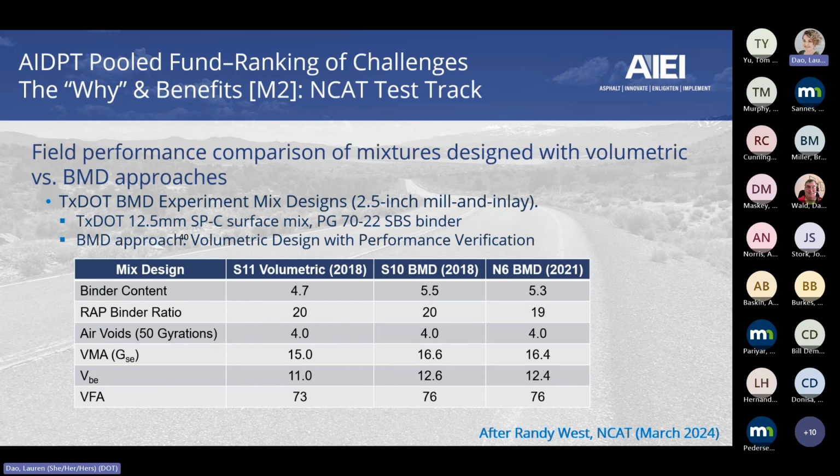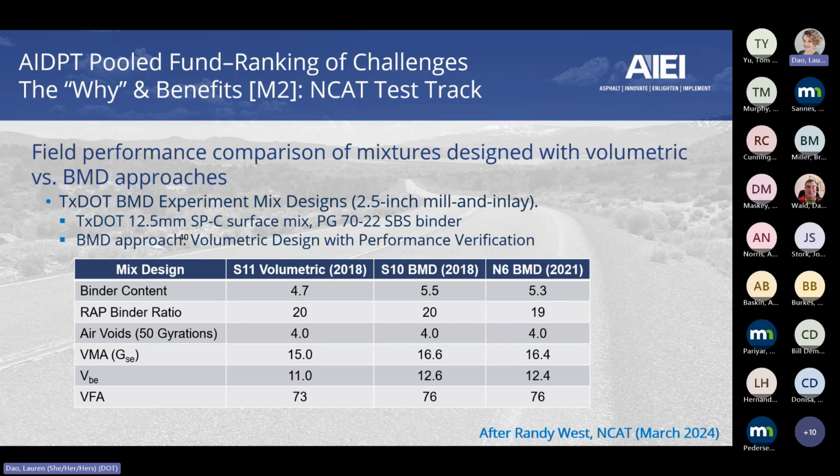And that was a 2.5-inch mill and inlay as part of one of the Texas experiments. If you look at your volumetric design, the asphalt binder content was 4.7%. Look at your balanced mix design, obviously it is much higher, right? It's about 8 tenths higher on the asphalt binder content.